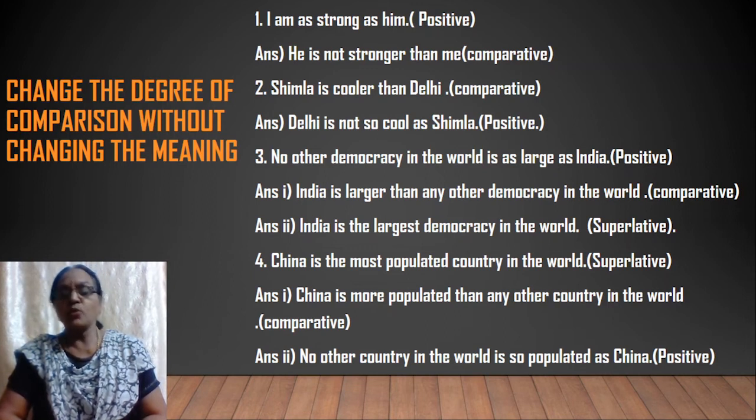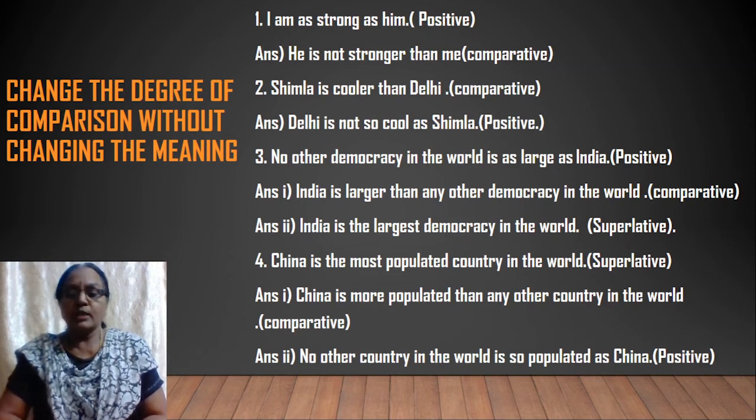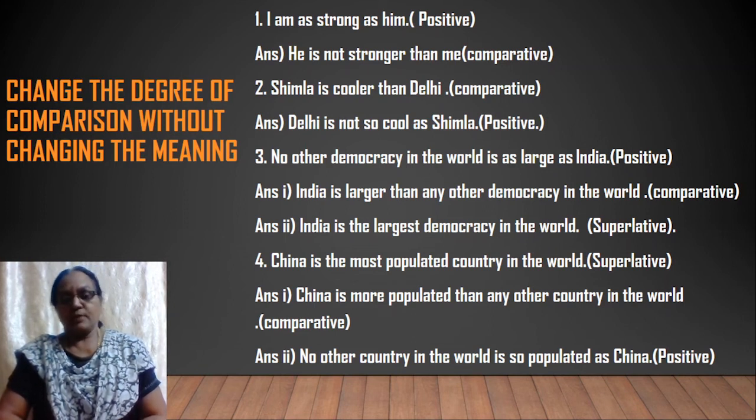China is the most populated country in the world. So most populated, so there's a superlative degree. We can have both comparative and positive degree here. So come to the comparative degree. China is more populated than any other country in the world. So we can have positive degree here also. No other country in the world is so populated as China.